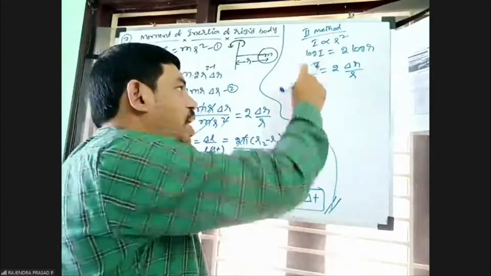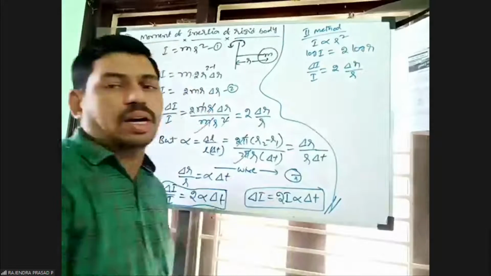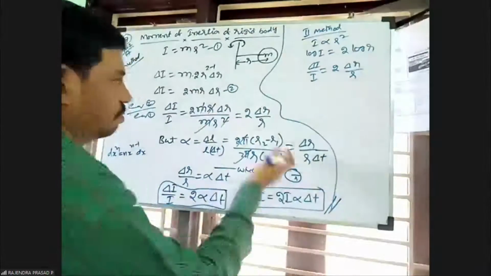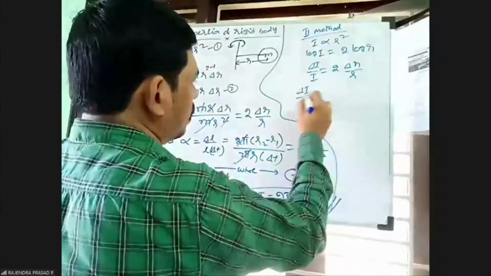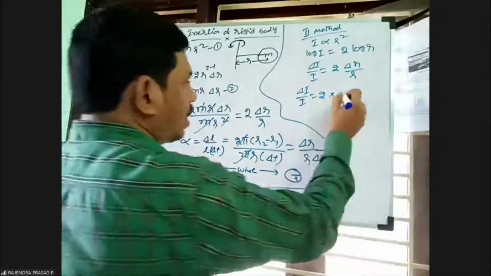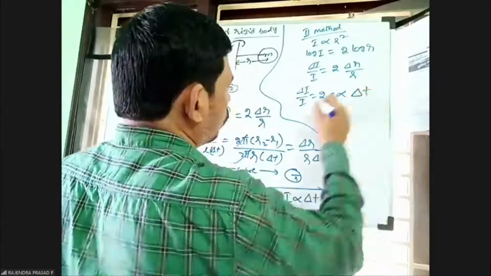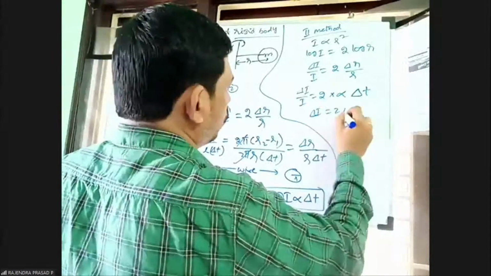So 1 by I into delta I equals 2 into 1 by R into delta R. Delta R by R means alpha delta T. So delta I by I is 2 alpha delta T, so delta I is equal to 2I alpha delta T.